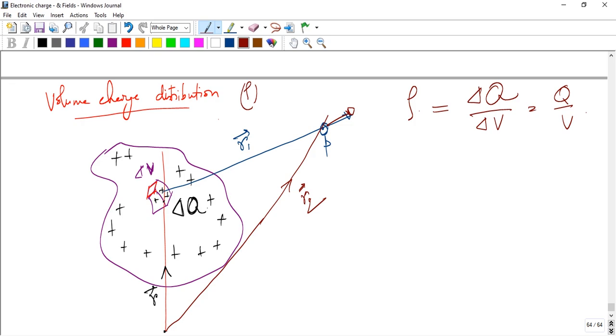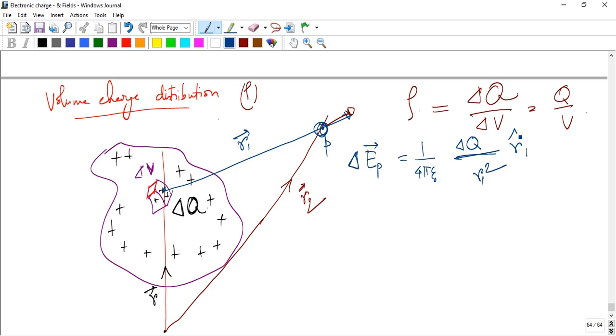Now if I calculate EP, consider the small amount of electric field delta EP. That is equal to 1 over 4 pi epsilon naught, the Coulomb constant K, times delta Q, the source charge, divided by R1 squared, the distance from this charge to P, in the R1 cap direction.